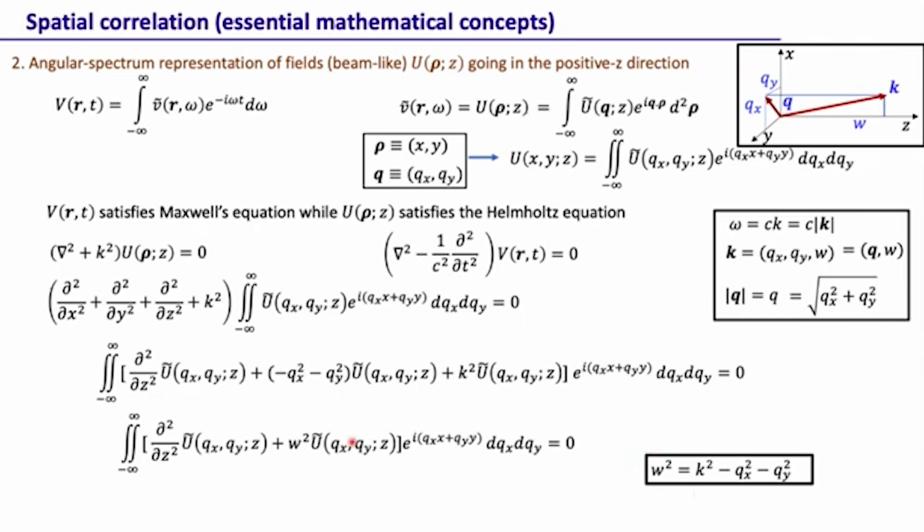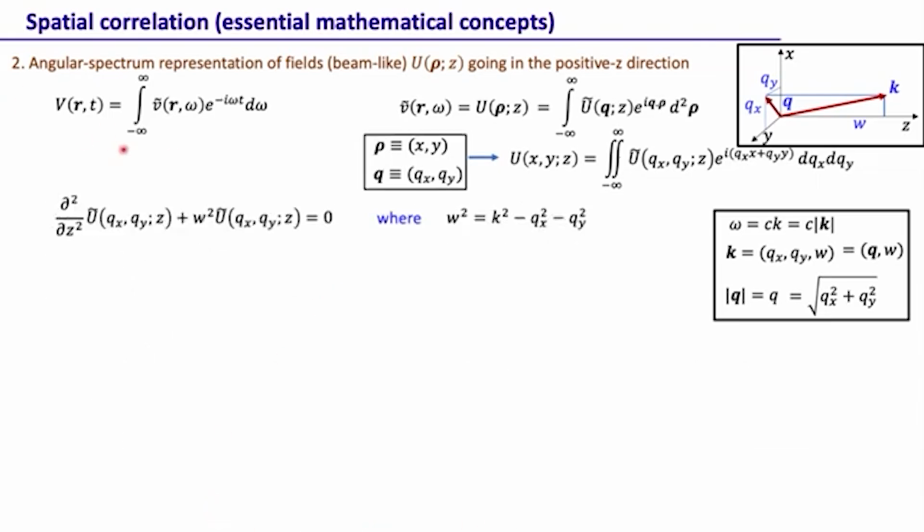So we are just writing it in the combined form. Now since this entire integral is 0, the only way it can happen is when this term for every qx and qy is actually 0. So this thing being equal to 0 simply says that u tilde(qx, qy, z) has to satisfy this differential equation.